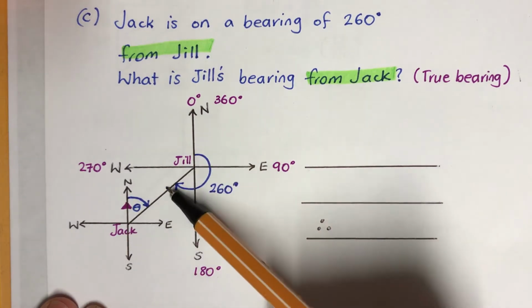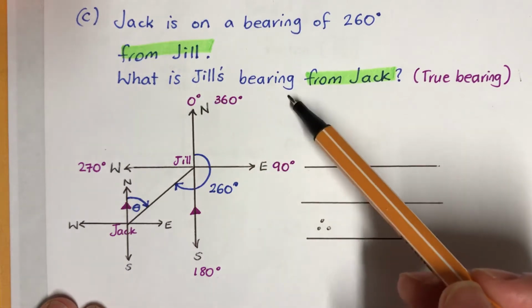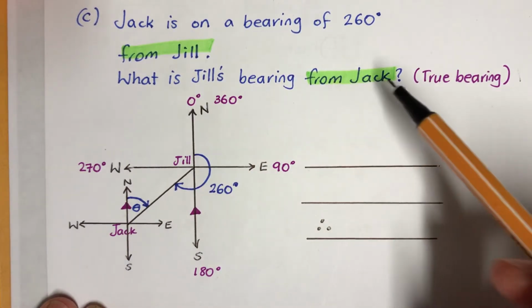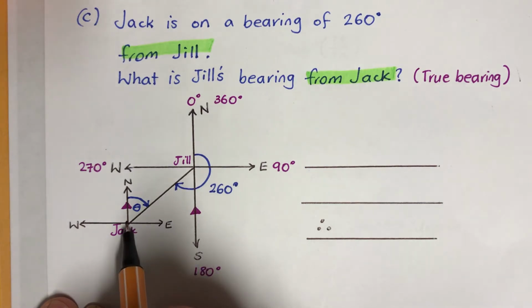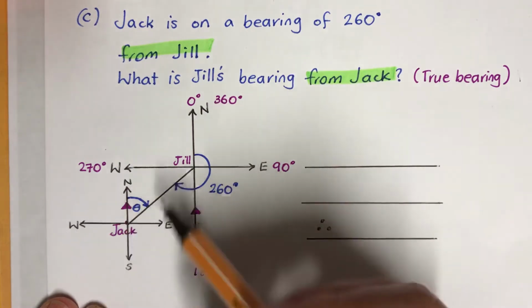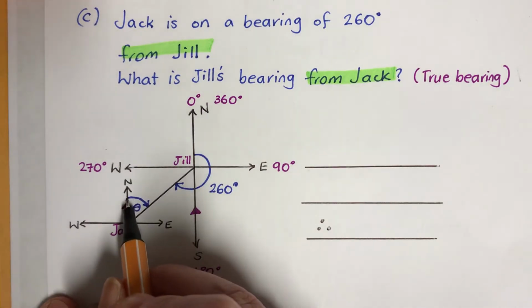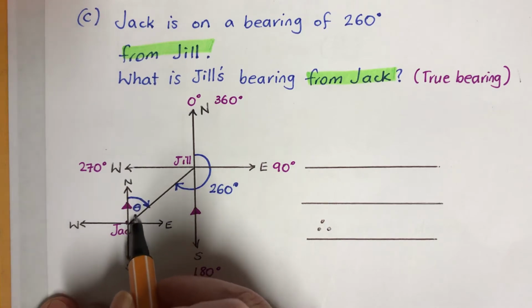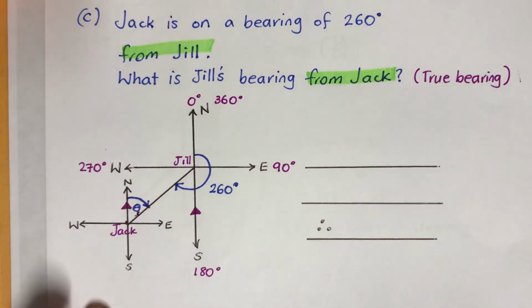That's my bearing, and then it asks for Jill's bearing from Jack. So my starting point will now be Jack, so I have to sketch another compass here. First one and second one. Remember, it always starts from north. So that's Jill's bearing, and Jill is here.